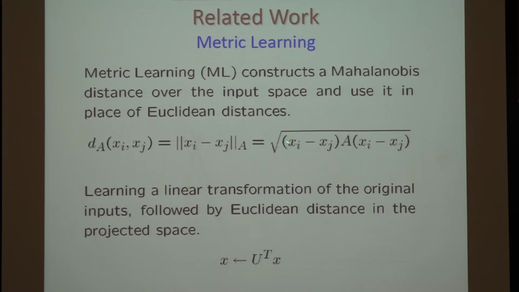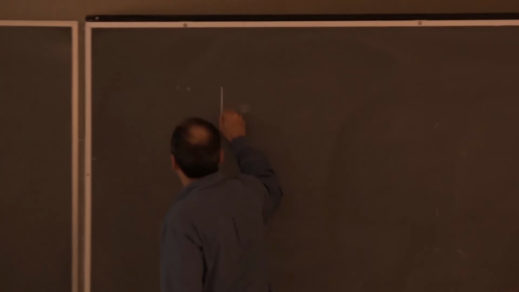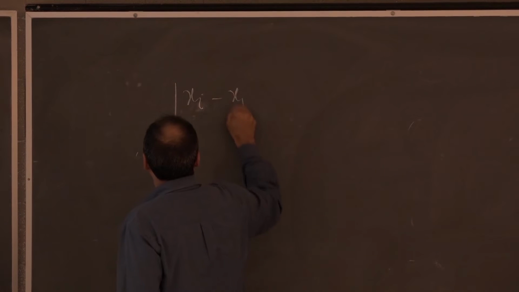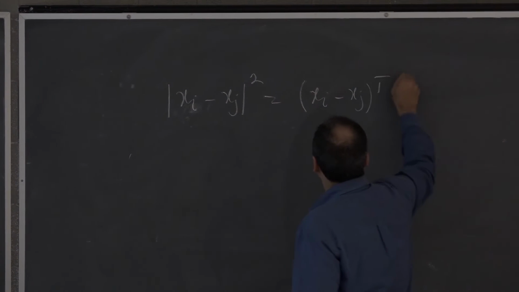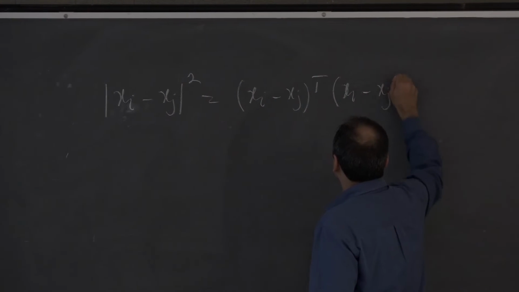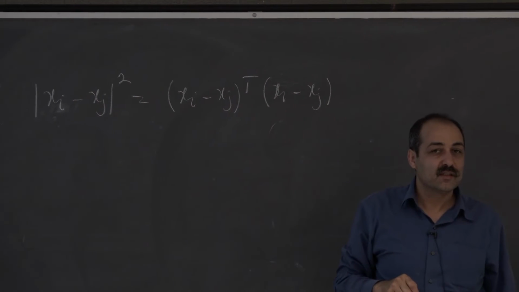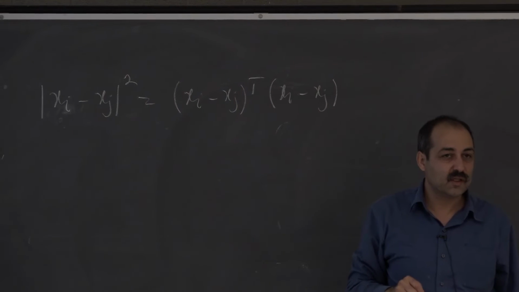In metric learning, usually we are trying to compute, the Euclidean distance between points xi and xj is just the squared norm of xi minus xj, which is (xi minus xj) transpose (xi minus xj), when xi and xj are vectors. That's Euclidean distance.